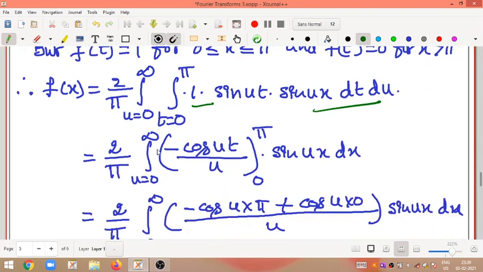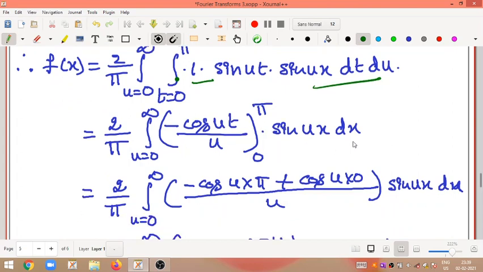Now 2/π, right, is the integral from 0 to infinity, and the inner integral from 0 to π of sin ut dt. So what will come? Here we are applying the cosine value. The integral of sin ut means minus cos ut by u, with limits 0 to π.